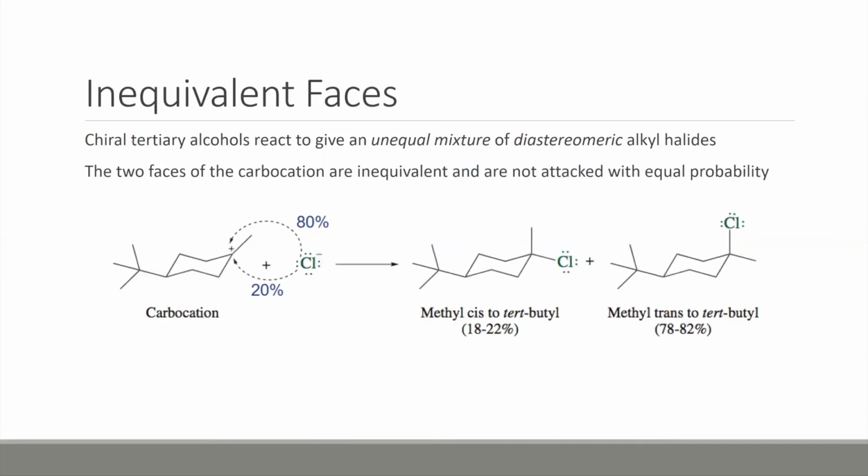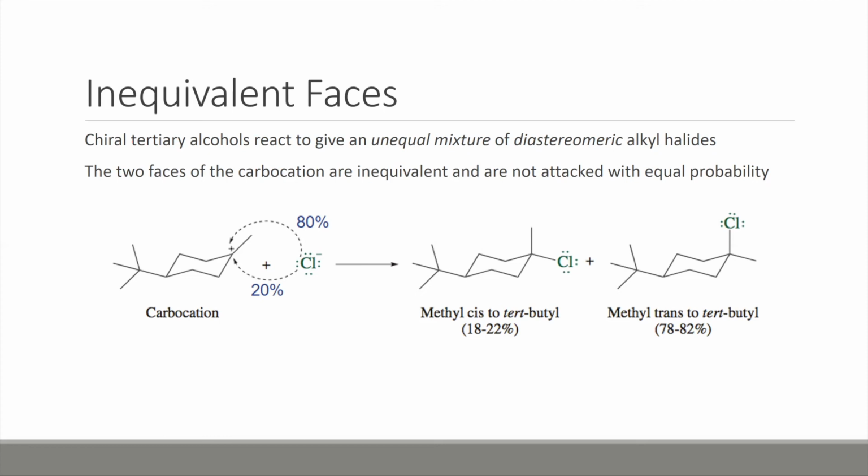Now, for tertiary alcohols that have more than one chiral center, if there is an inequivalent face, a side that is more unstable, you will get an unequal mixture of diastereomers.